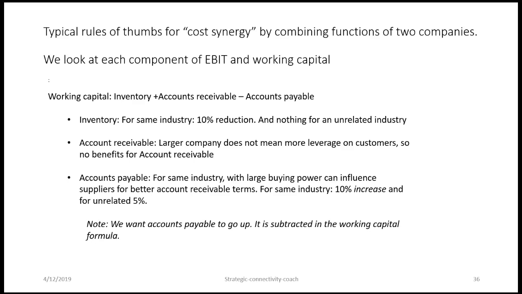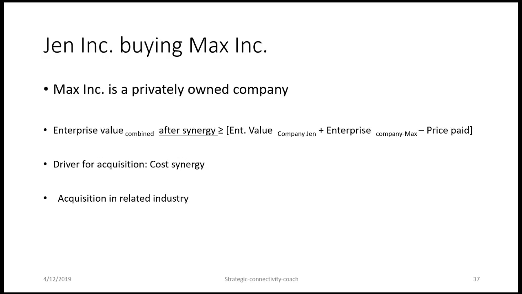So now, obviously, we want accounts payable to go up, so it is subtracted in the working capital formulas. Now overall, for Max Inc., which is a privately owned company, the methodology we will use is that the enterprise value combined after synergy should be greater than the enterprise value of Gen Inc. plus Max Inc. minus the price paid. And the driver for acquisition in this particular case is cost synergy, and the acquisition is in a related industry.